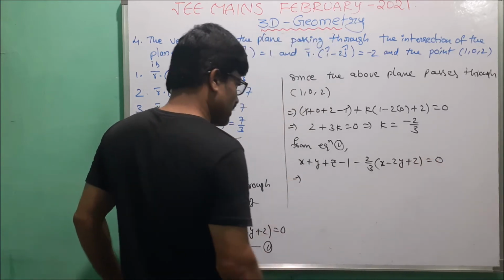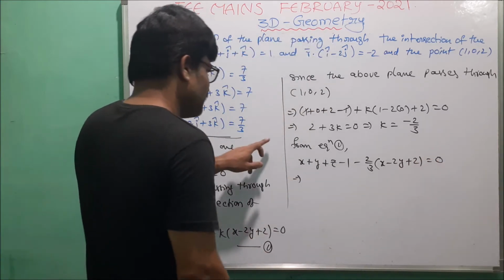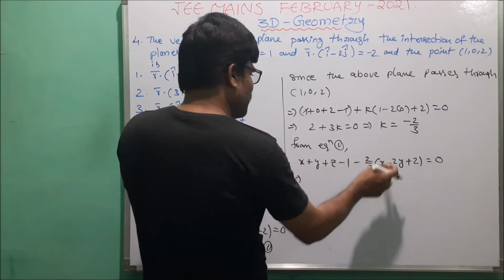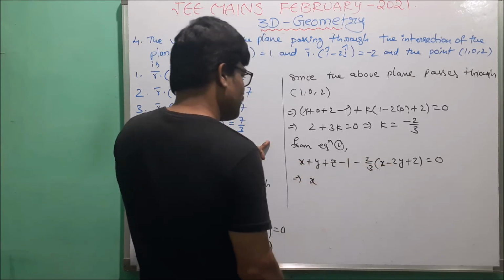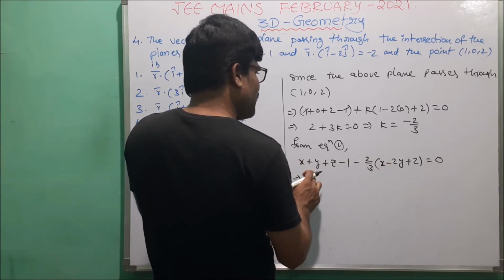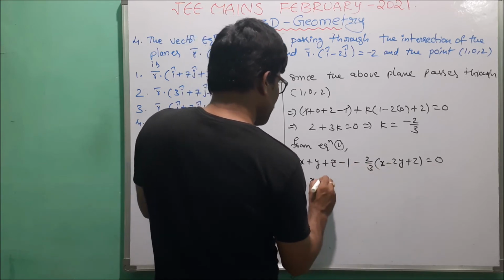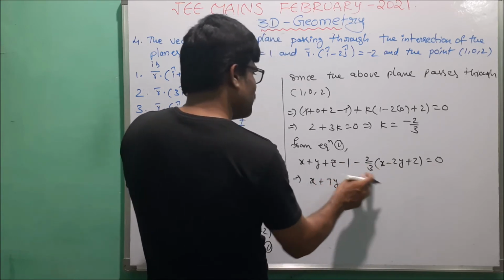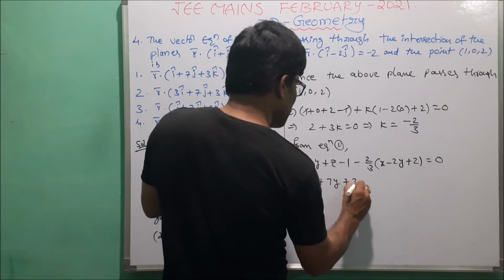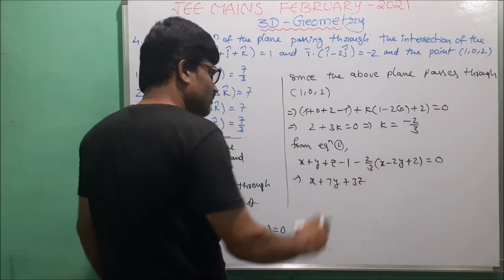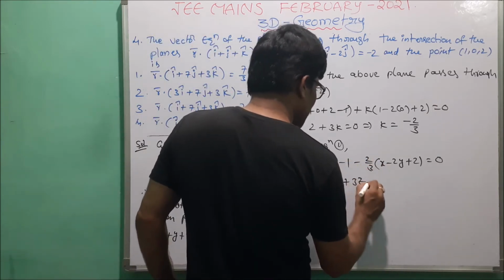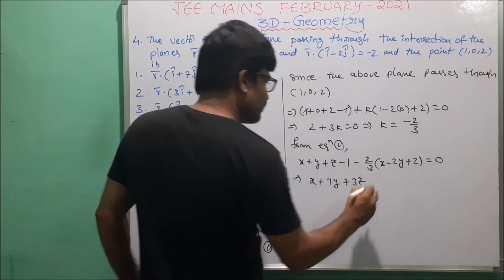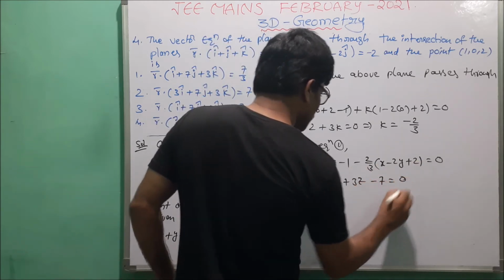Now from this we observe 3x minus 2x is x. Similarly 3y plus 4y is 7y. Similarly this is 3z. In that we have minus 3 minus 4, minus 7 equal to 0.